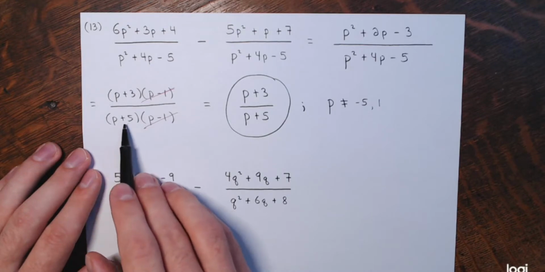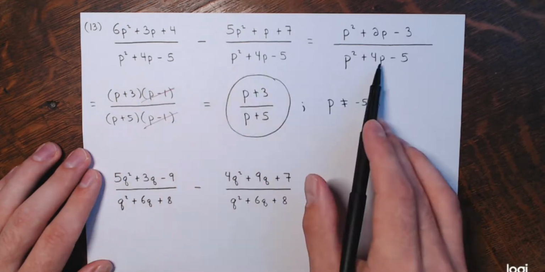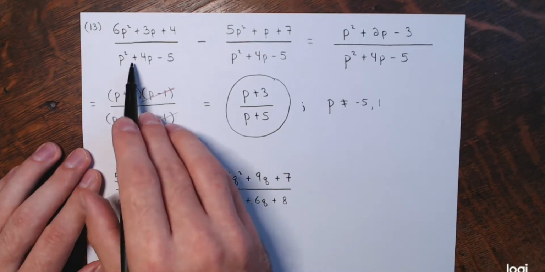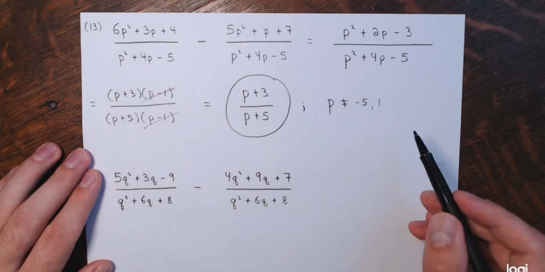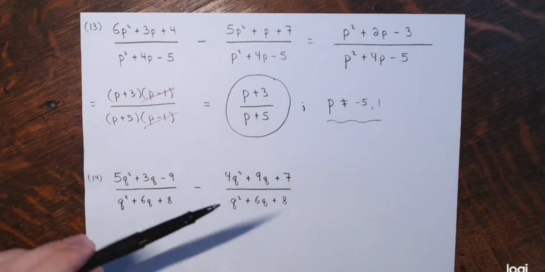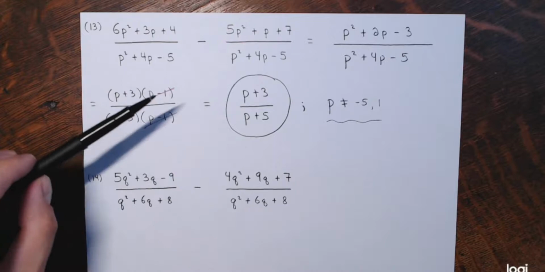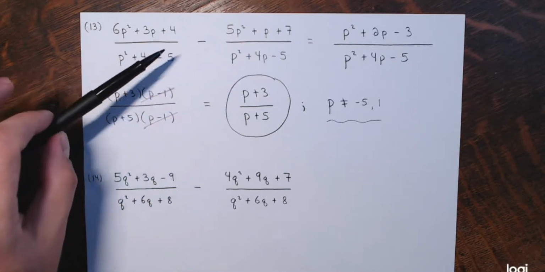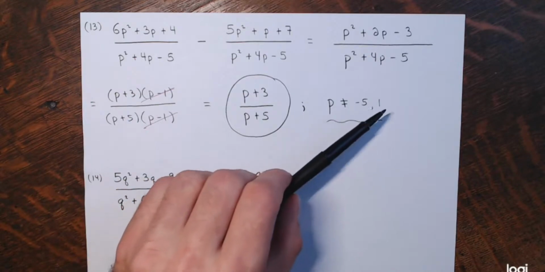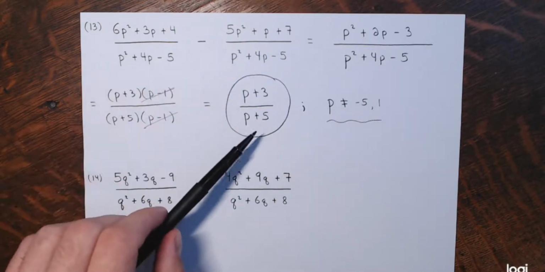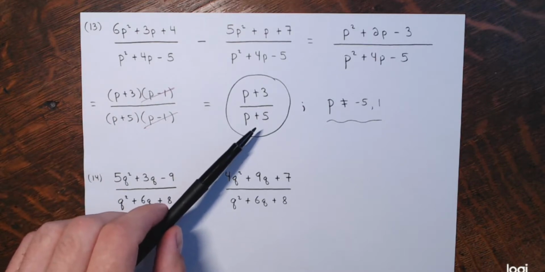So if p were -5, you'd have a denominator of 0 throughout, and if p were +1, you'd also have this denominator of 0 throughout the problem, and that's not good. I don't want that, right? So I leave it to you. Check it out, test it out. Replace p's with any value you wish, except for -5 or 1, and the value of the original expression should be the same as the value of the final expression.